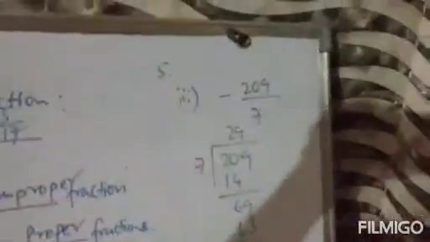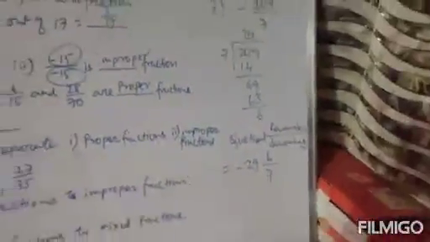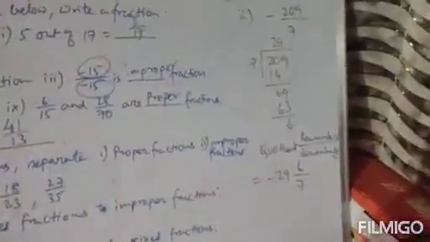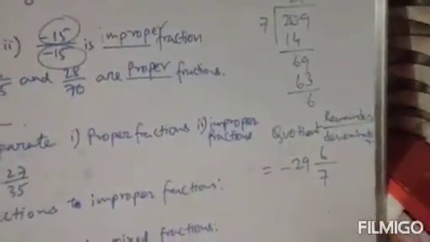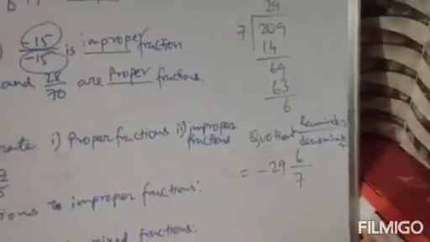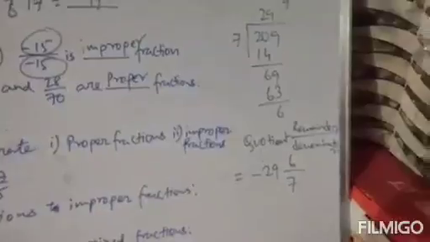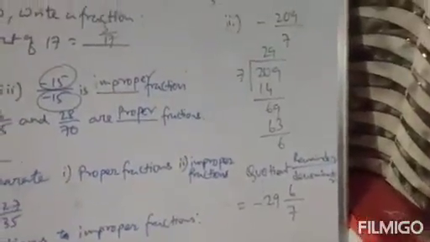Now as the question has a minus sign, we will put a minus sign in the answer. Clear? So your answer is minus 29 6 by 7. The rule is quotient, remainder divided by denominator, that is minus 29 6 by 7. This is the answer. Last question.